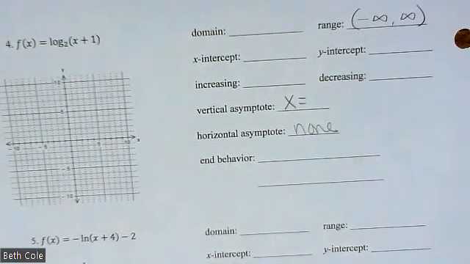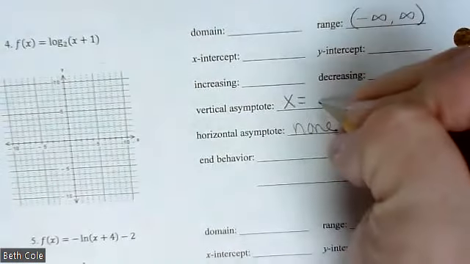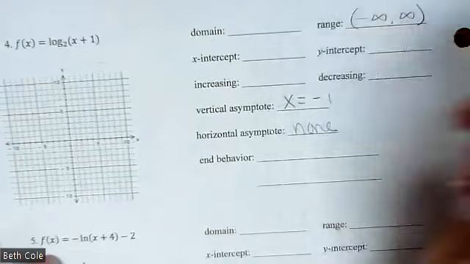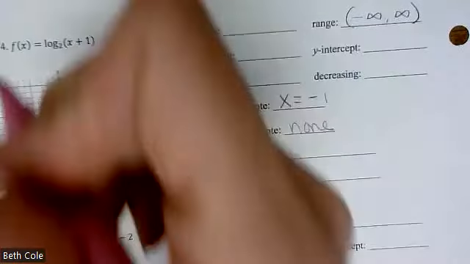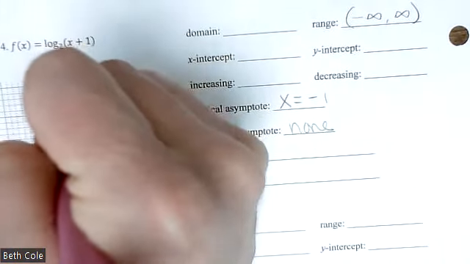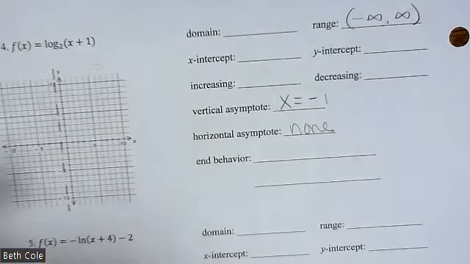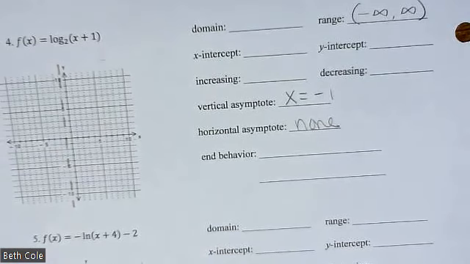And did it move left or right? Left 1. Good. So it'll be x equals -1. Good. And then you can dot that in. I should have made this the first question because I think this one's actually easier. We'll see what happens.